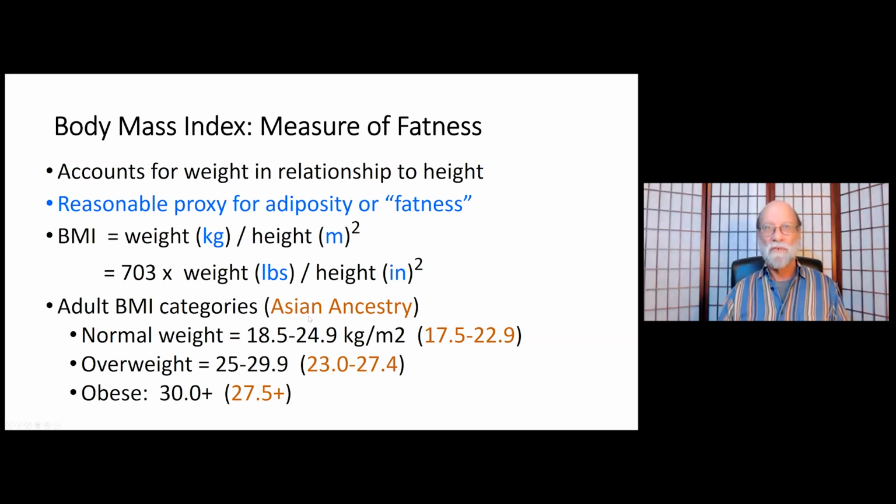For those of Asian ancestry, we actually know that for a given BMI, they are more likely to develop insulin resistance, develop fatty liver, develop diabetes. So you can see here that the Asian specific numbers are a bit lower than those for other people in the population.